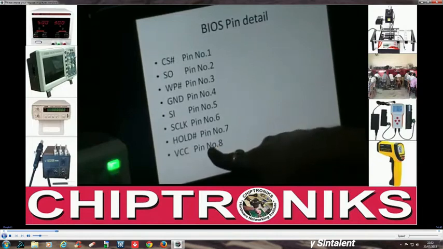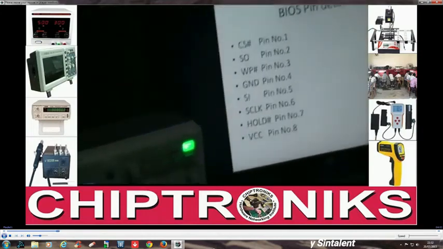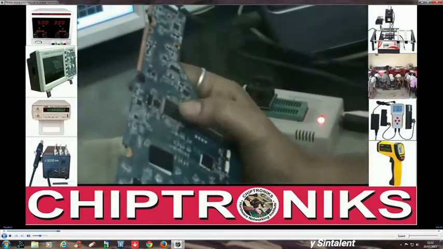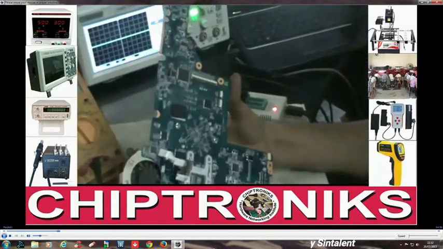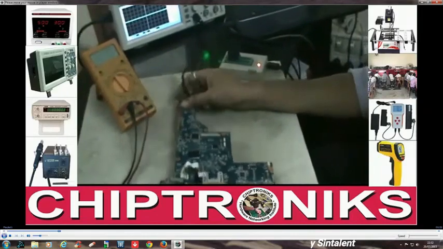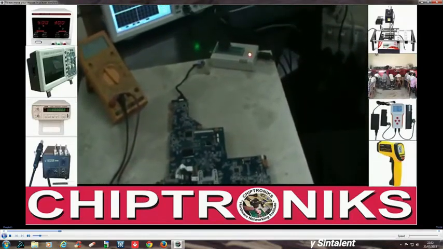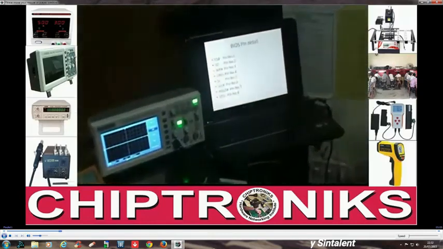Here we need an input of 3.3 volts. Now I have one motherboard. This motherboard is in dead condition. Now I'll show you how to check voltages and signals on it.